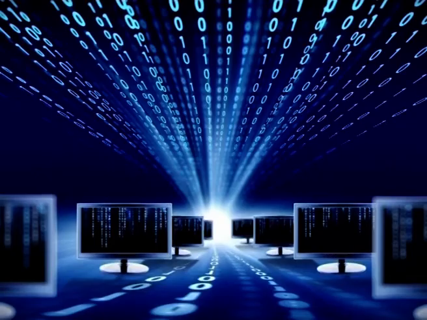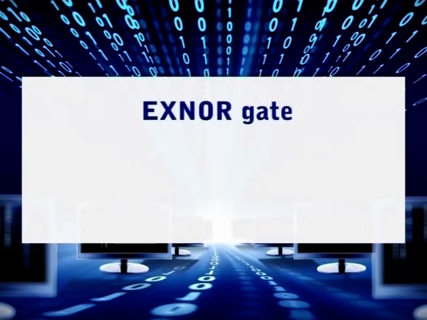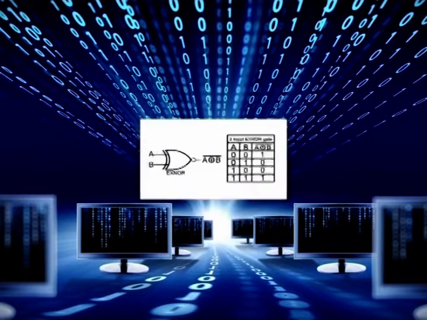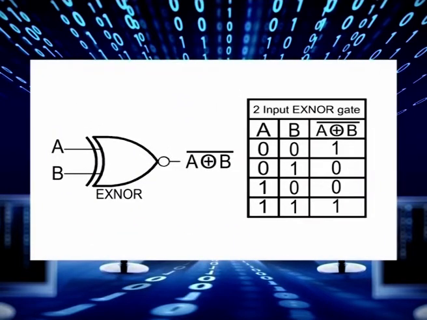Now, we will study the XNOR gate. The exclusive NOR gate circuit does the opposite of the XOR gate. It will give a low output if either but not both of its two inputs are high. Look at the diagram. This is the representation of the XNOR gate along with its truth table.